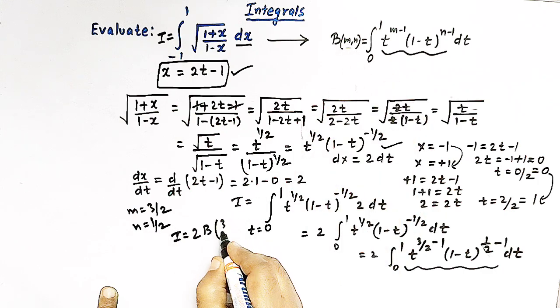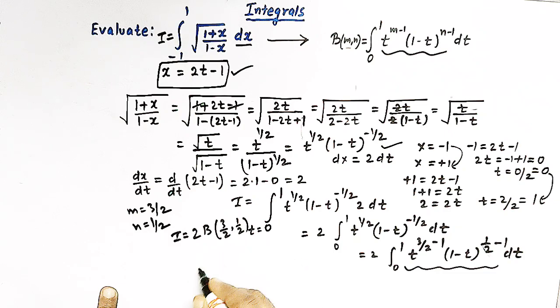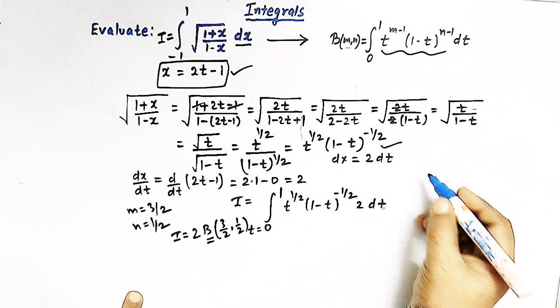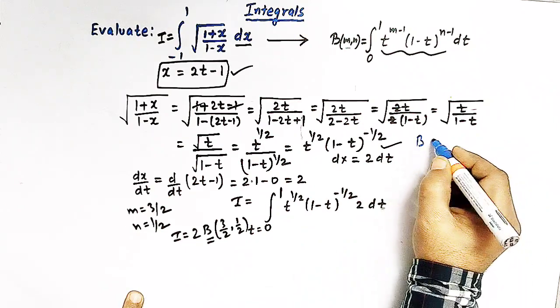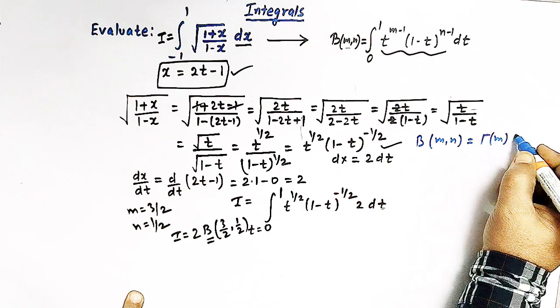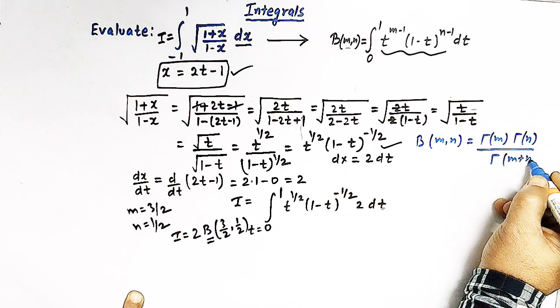M is 3 by 2, and n is half, right? And to calculate the value of this beta function, we can make use of one important relation between a beta function and gamma function. So now we know that beta m comma n is equal to gamma m times gamma n divided by gamma m plus n.